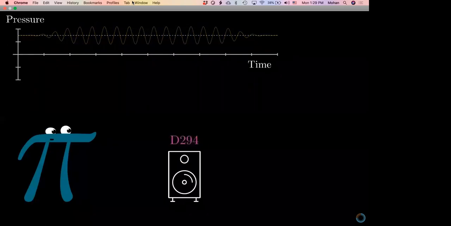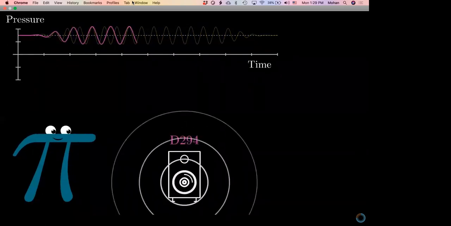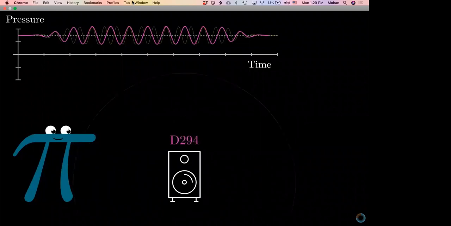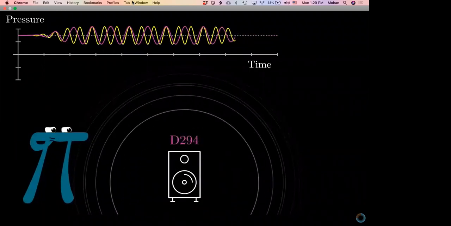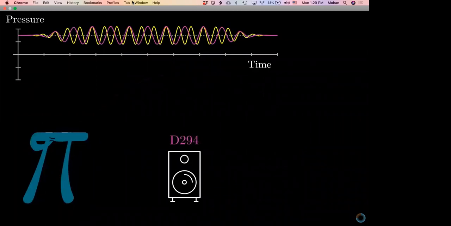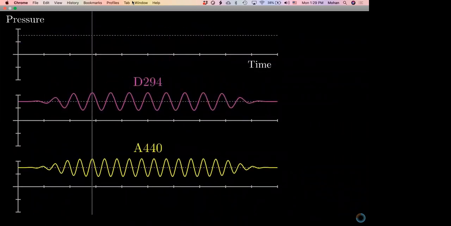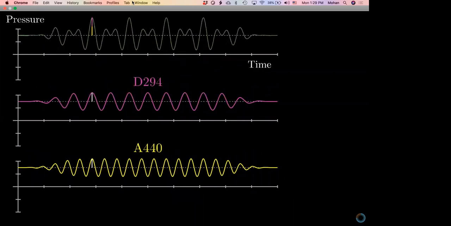A lower pitch note, like a D, has the same structure, just fewer beats per second. And when both of them are played at once, what do you think the resulting pressure versus time graph looks like? Well, at any point in time, this pressure difference is going to be the sum of what it would be for each of those notes individually, which, let's face it, is kind of a complicated thing to think about.